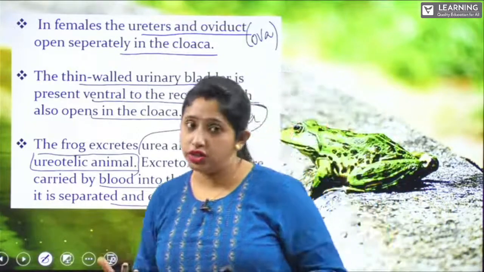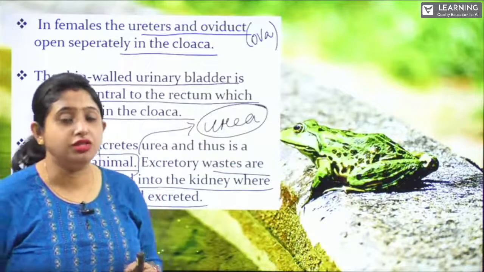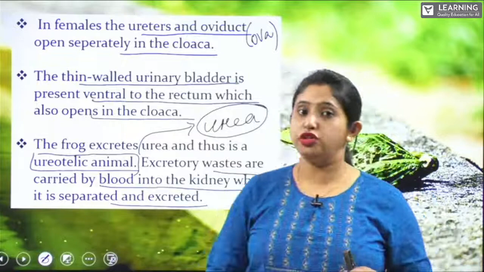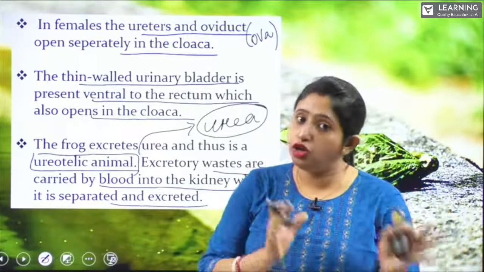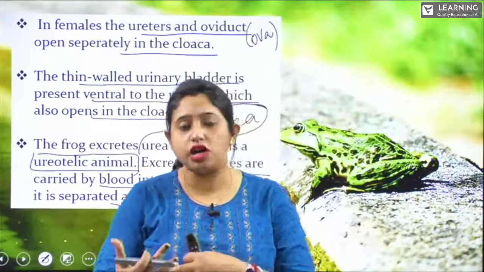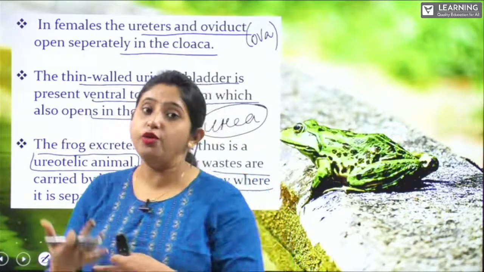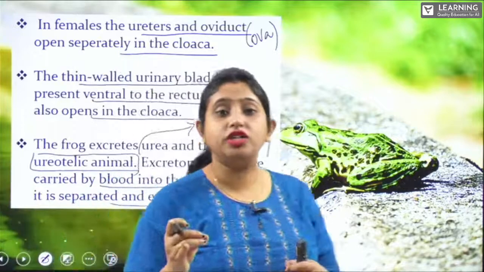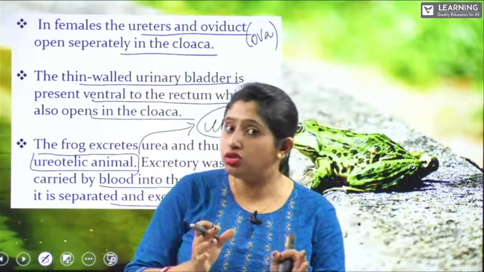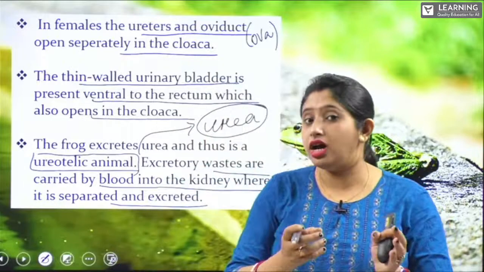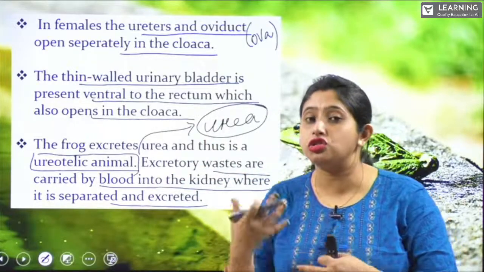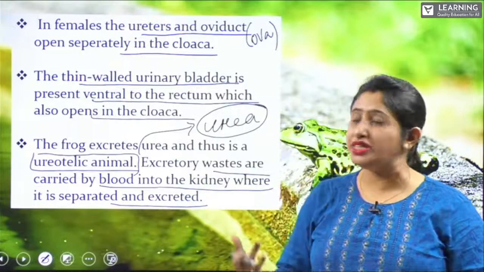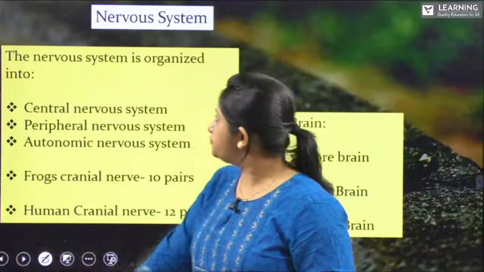The blood transports the food and also the waste materials. So the blood transports the excretory waste to the kidney, and from the kidney, with the help of the ureter, it is released into the cloaca. This is how excretion takes place in frogs.